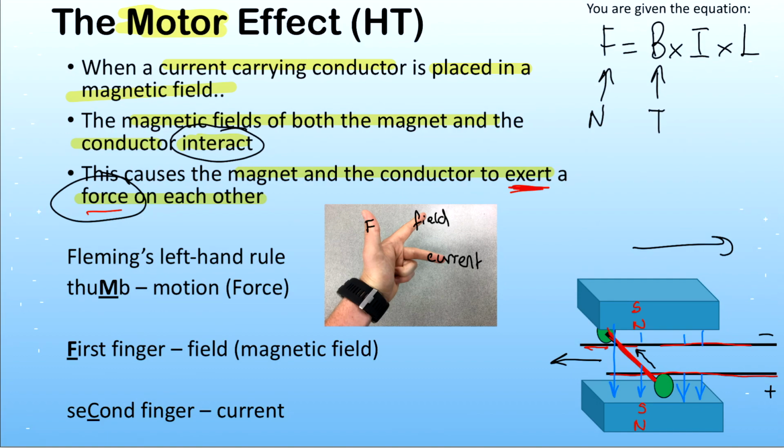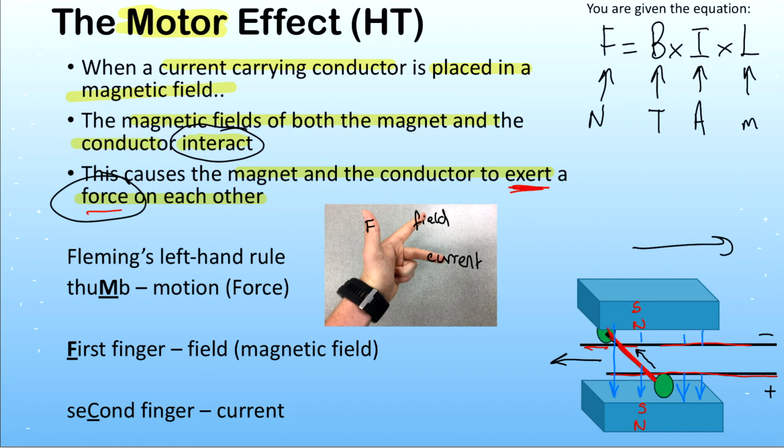Magnetic flux density is just the field strength of the magnets, so it's how much magnetic field strength there is in the region where the force is going to be enacting. I is the amount of current, which is measured in amps, and L is the length of the wire that's in the magnetic field.